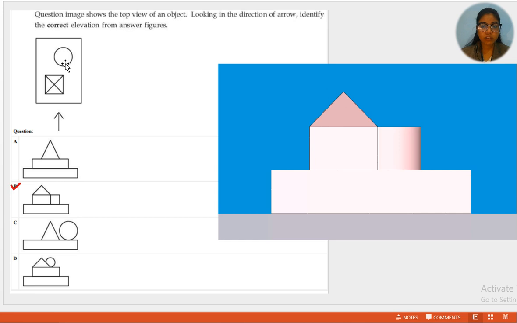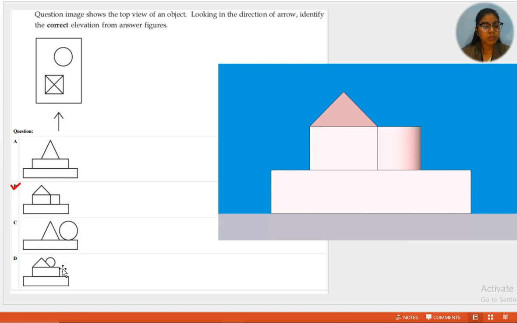If we look at it in the elevation, obviously they will coincide with each other. If this circle were placed at some distance from this curve, only then this situation could be possible. Otherwise, there is no chance of it. But in options C and D, in option C, they have created a gap between them, which is not possible. So that's why option C is neglected.